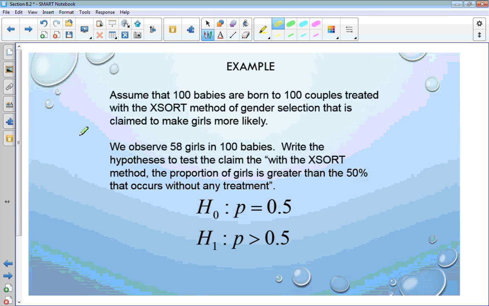So we need to write the hypotheses to test the claim for the XSORT method: the proportion of girls is greater than 50%, which is what occurs without treatment. So clearly we need to write this part right here. That becomes our claim.